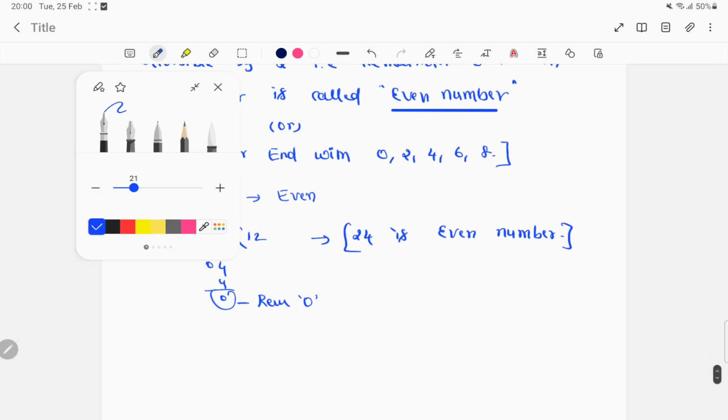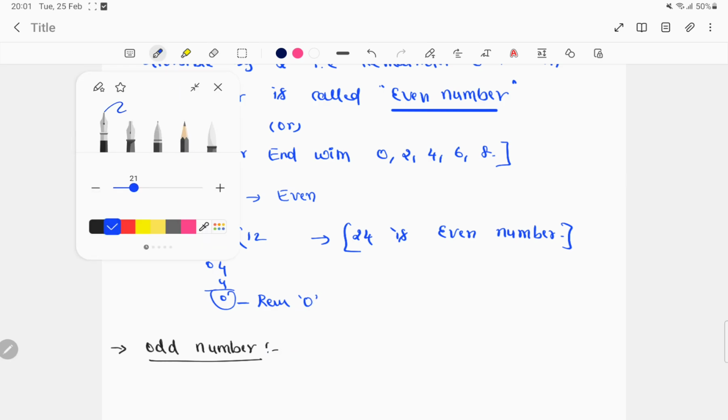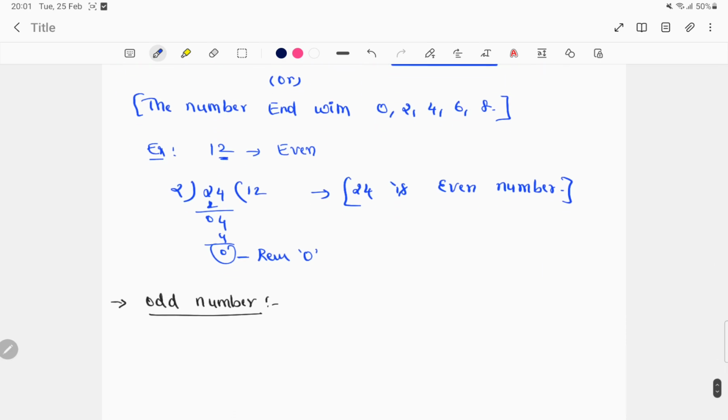Next, odd numbers. It is the opposite. Even numbers are divisible by 2; here, not divisible, that's it.